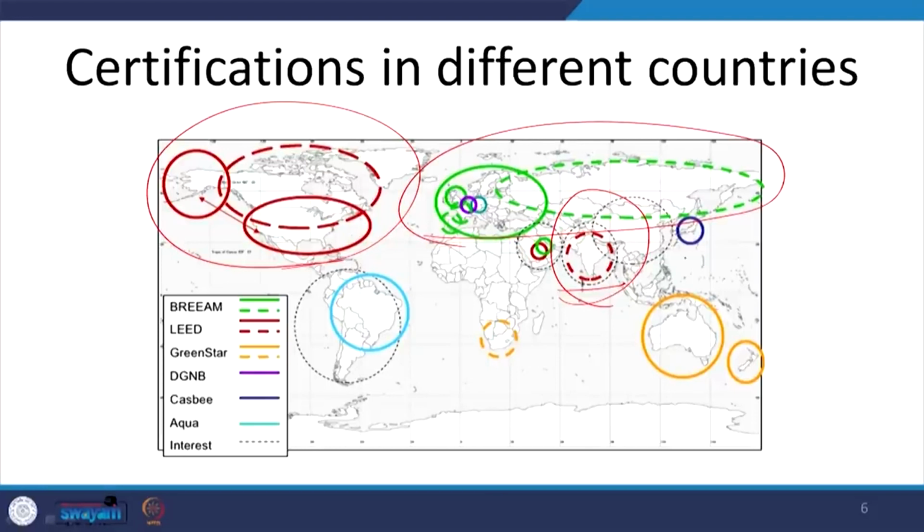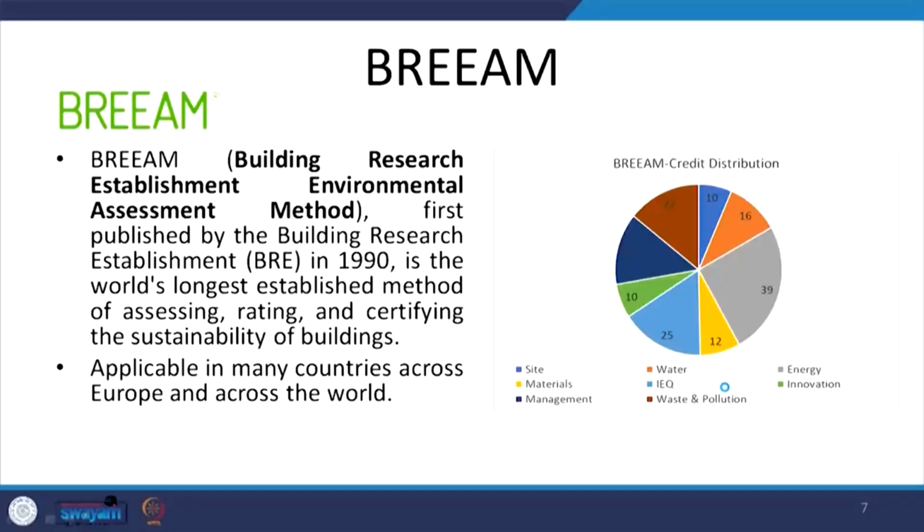We have CASBEE here, we have Green Star, which is predominantly working in Australia and New Zealand, and likewise. So, almost the entire world is going ahead with this green building movement. Almost all the countries now have their green building councils and their own rating programs. At least one or the other rating program is being used in the countries.